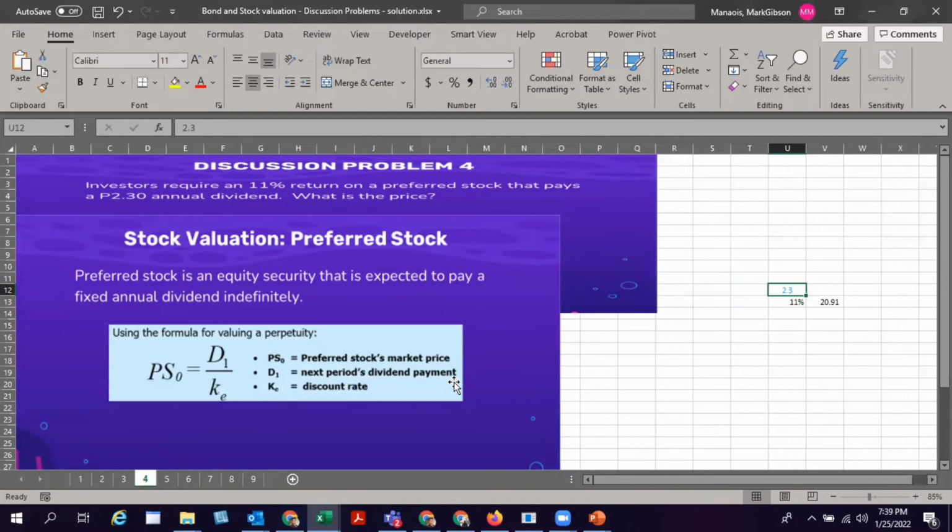For a preferred stock, take note that the annual dividend is fixed, so the dividend you pay this year will also be the same next period, and so on. That's why D sub 1 is equivalent to 2.30. 2.30 over 11%. Therefore, the price of the preferred stock would be 20.91. Very basic, class. All we have to do is make sure that we pick up the right details from the problem. So that's problem number 4.